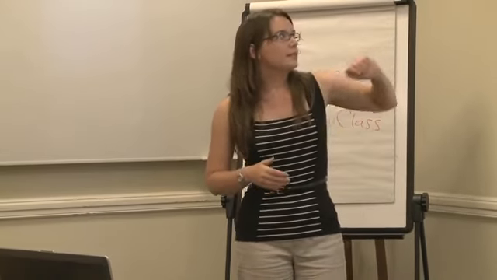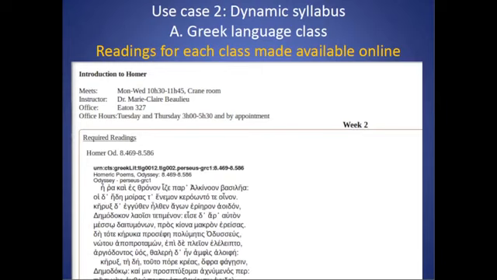So let's say, for instance, that Odyssey Book 8, 469 to 586 has been assigned for a particular class. The text will be leveraged right here from Perseids, so the students go to my page and they will right there see the text that is being assigned for week 2 in this particular case.